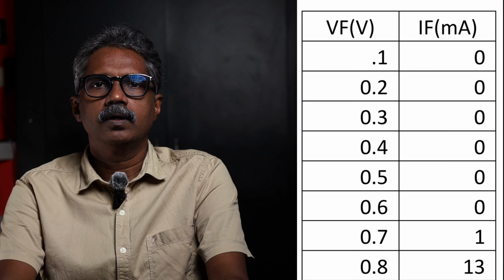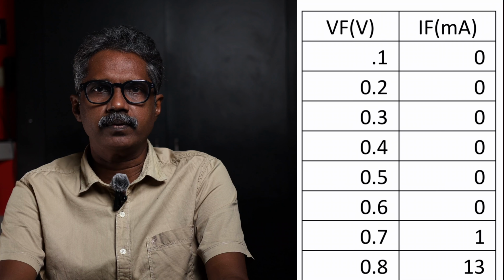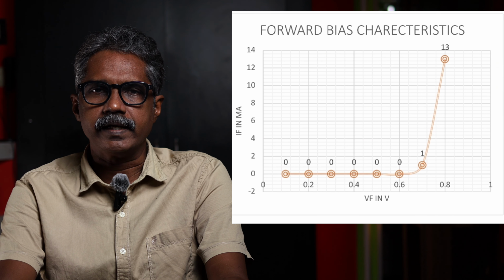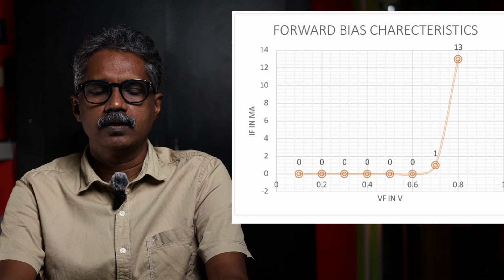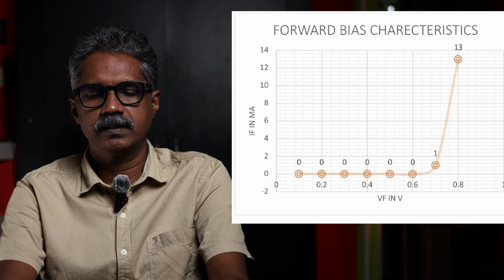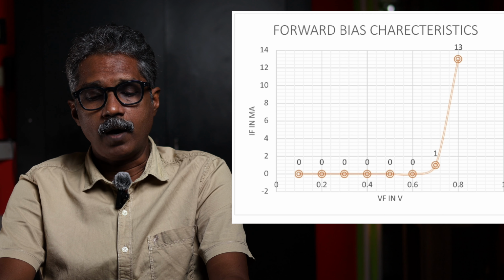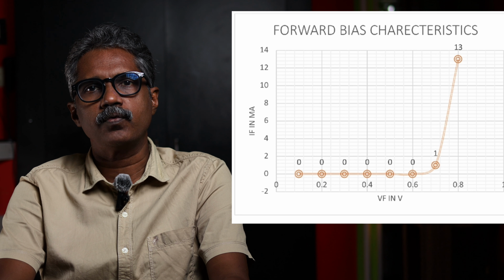Let us do the calculation part for forward bias characteristics. So we have the tabulated readings for VF and IF. Now we have to draw a graph by taking VF along x-axis and IF along y-axis. So you are getting a graph like this. In the graph, you are seeing up to 0.6 volt, there is no forward current.